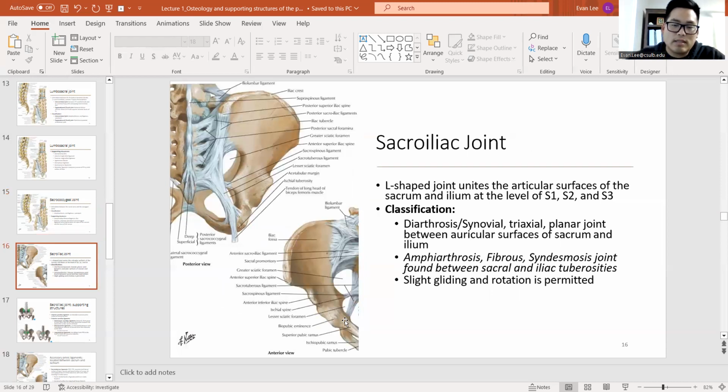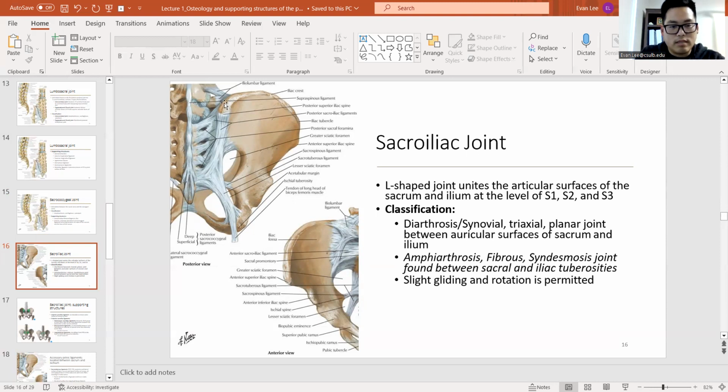Now our next joint is one of the bigger joints that we have here, which is the sacroiliac joint. So the sacroiliac joint is going to be where the sacrum and the ilium, well, they don't fuse, but they kind of do, they're going to very strongly connect to each other along the auricular surfaces.